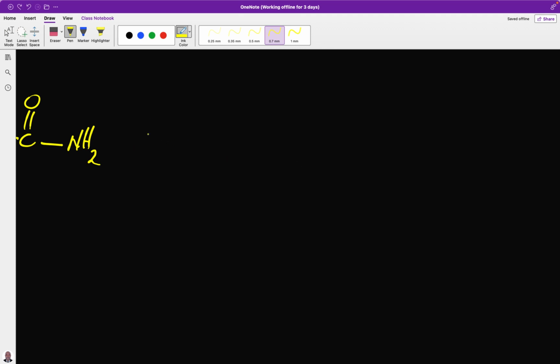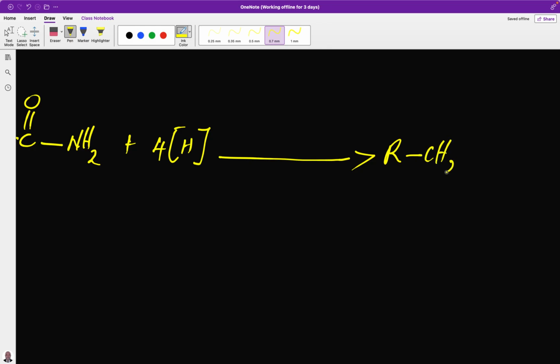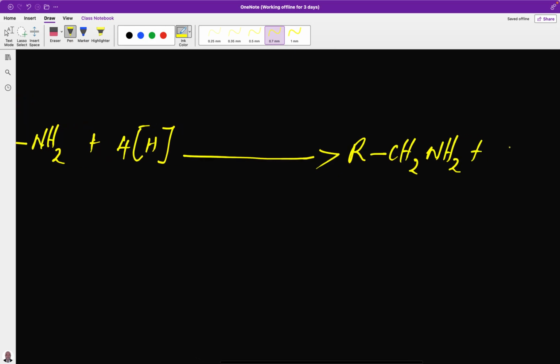We'll have amide plus these 4 hydrogen, which have been donated by lithium tetrahydroaluminate. This is what you will have: CH2NH2 plus water.